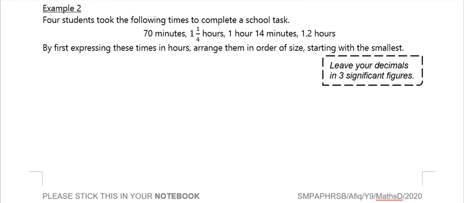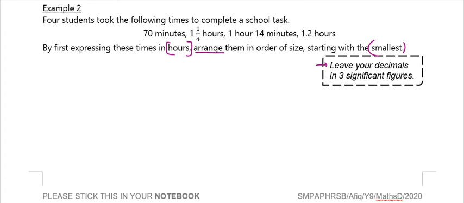The instruction is to express these times in hours, and then arrange them in order of size, starting with the smallest. A good tip is that you can leave your decimals in 3 significant figures. So let's start with the first.